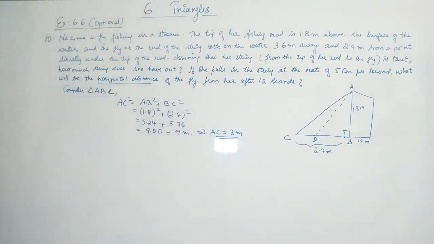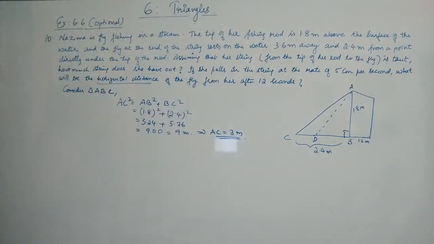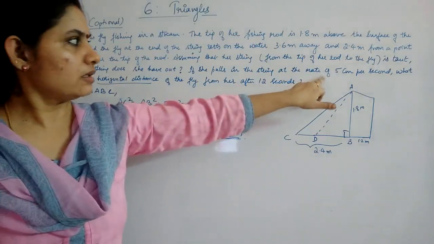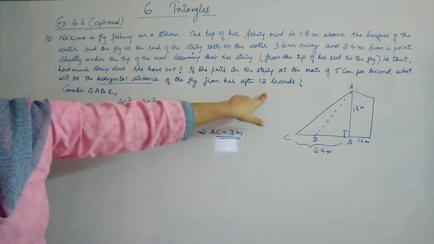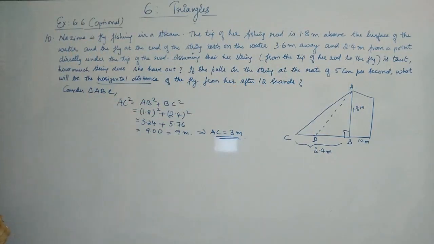So the first subdivision is over. That is, you have found out the length of the string which is out, that is 3 meter. Now the new length of the fly, that is, the rate at which it has been pulled in is given, and the time is also given. So we will find out that distance.